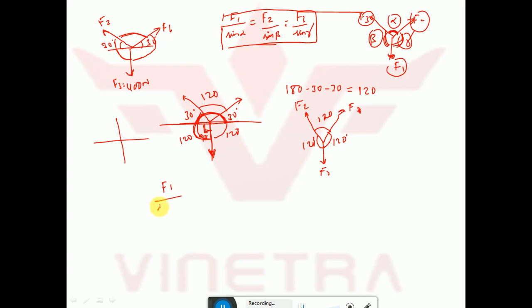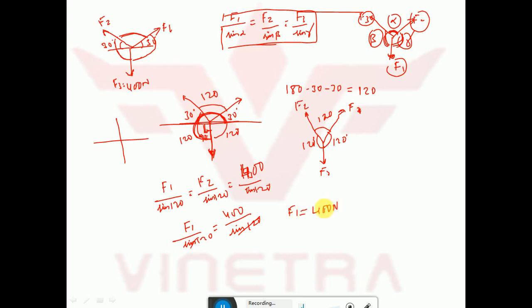So F1 by sine 120 is equal to F2 by sine 120 is equal to F3 by sine 120 degrees. So we know the value of F3. I will substitute that as 400. So F1 by sine 120 is equal to 400 divided by sine 120. These two get cancelled, and the value of F1 is equal to 400 Newton.